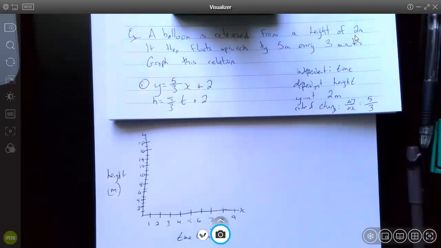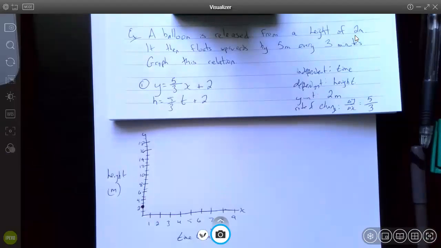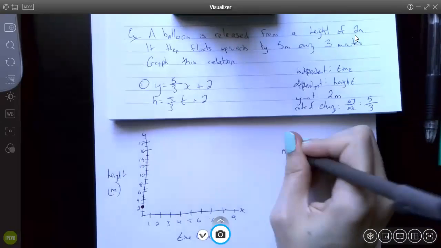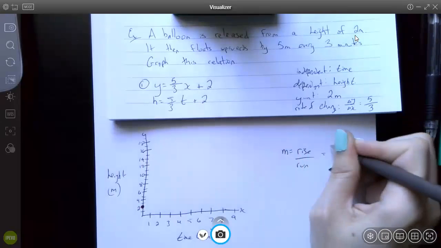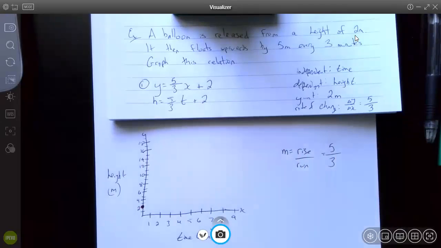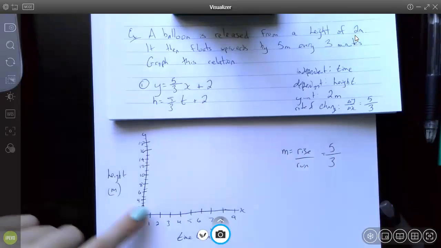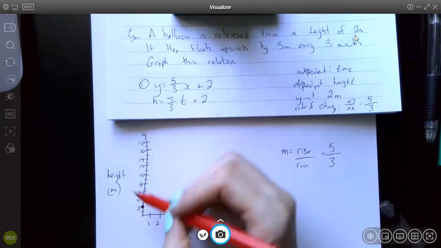I then start by plotting my y-intercept, which we have identified as our 2 meters. Then we are going to use our rate of change. So our slope, which is rise over run, is 5/3. So from this point, I am going to go up by 5 and over 3.